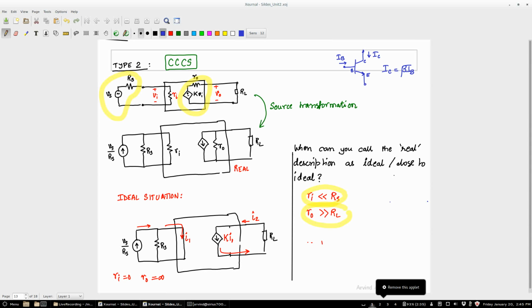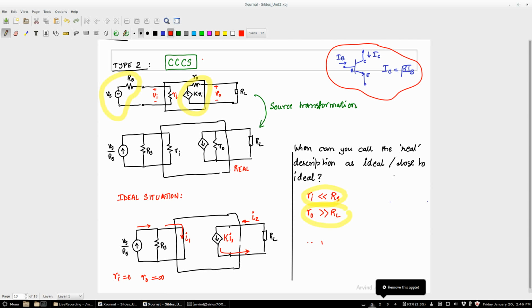And this is your collector, this is your base, this is your emitter. How did we relate various things? Yes, and the other relation, you said IC is beta times IB. Correct? So, many BJT based amplifiers will look like current control current sources.